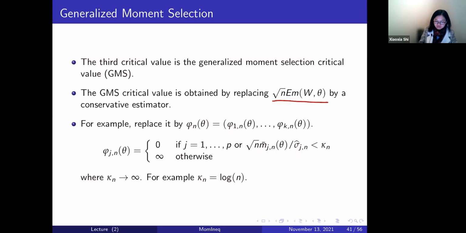But if this statistic is bigger than the threshold, then we are sure with probability approaching 1 that the moment is slack. In that case, we can set the moment selection function to infinity. That is, we replace that corresponding element of the slackness parameter by infinity. And that threshold needs to diverge to infinity in order for this to be not too aggressive, okay?